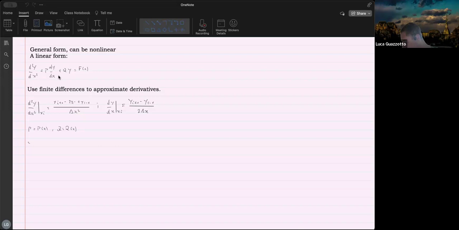This is equal to f sub i delta x squared. Okay, so this is the equation.